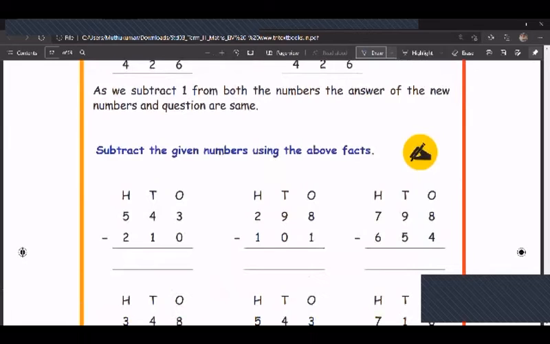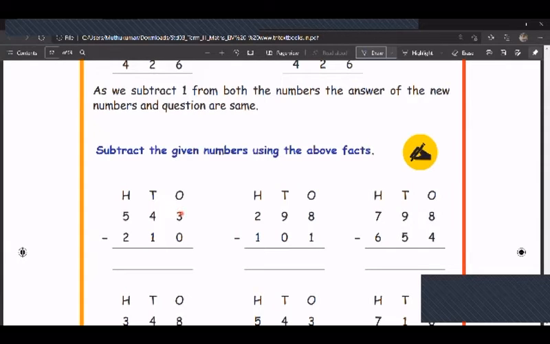Children, here so many sums are given. So what you have to do is, wherever you get a sum with a number ending with 0, you have to subtract 1 from both numbers and then do the sum.